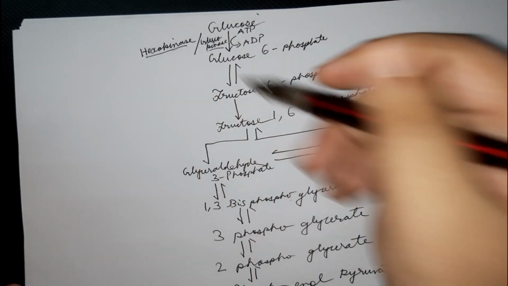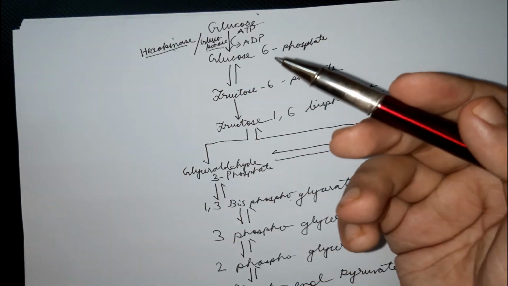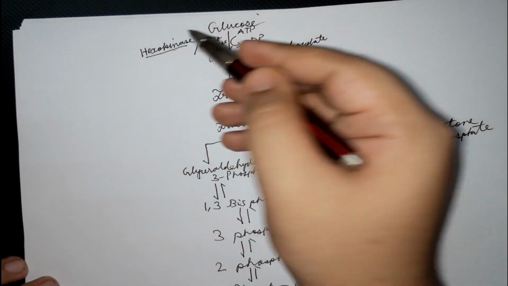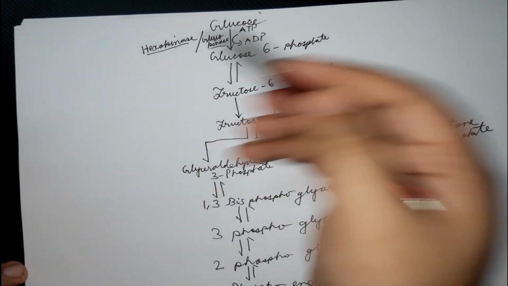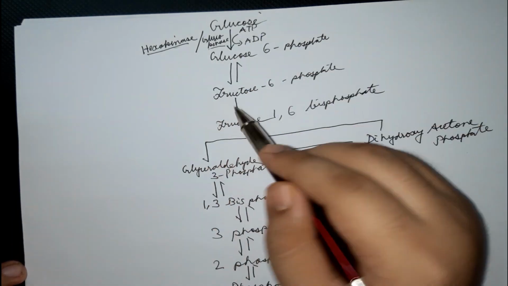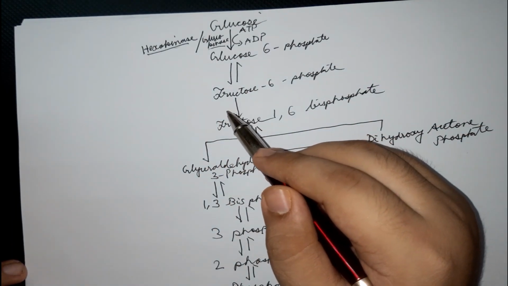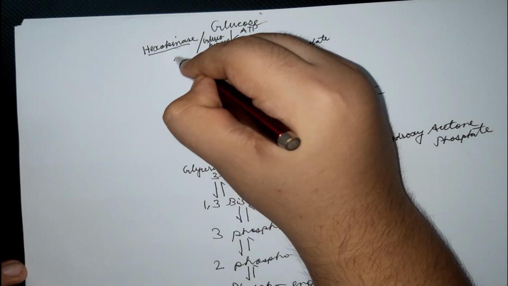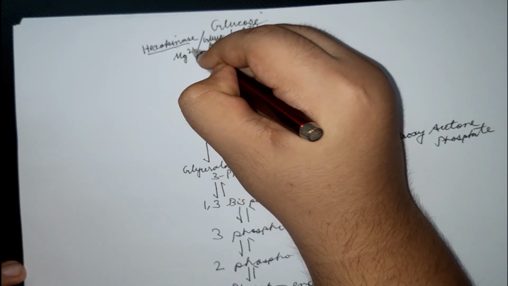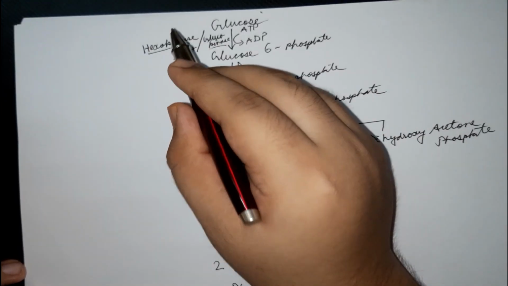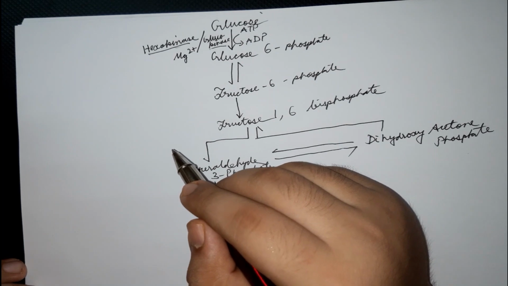We will talk about the differences between these two enzymes in the next discussion, but for now just remember that hexokinase or glucokinase, they are isozymes. Either one of them will facilitate glucose to glucose 6-phosphate conversion. And by the way, this enzyme will use magnesium as a cofactor. So magnesium ion is used as a cofactor by this enzyme.